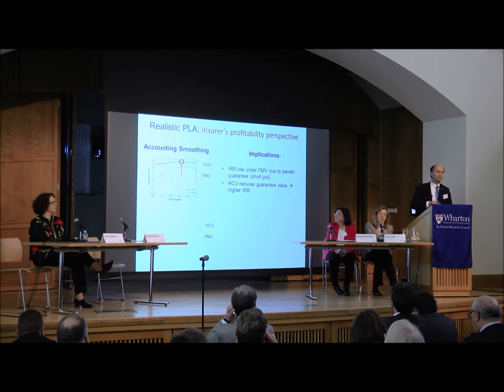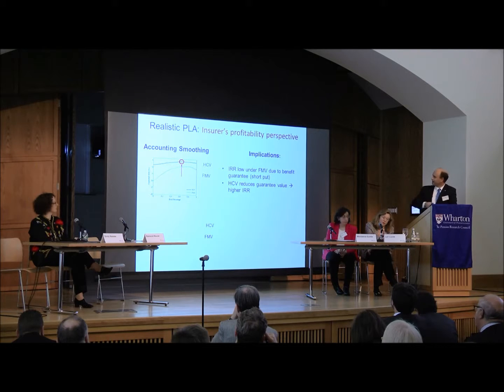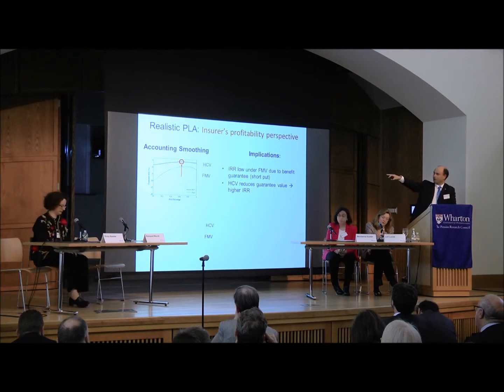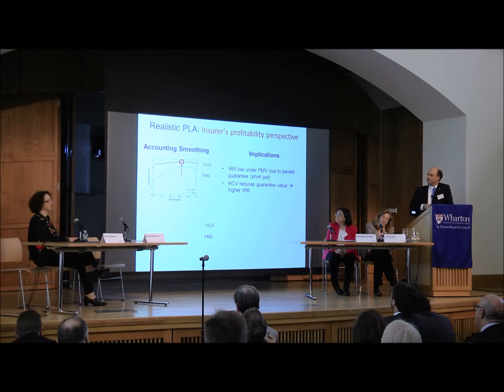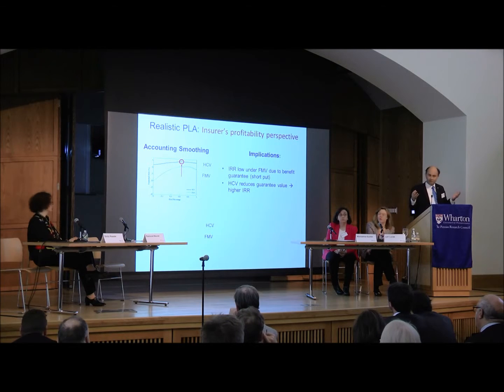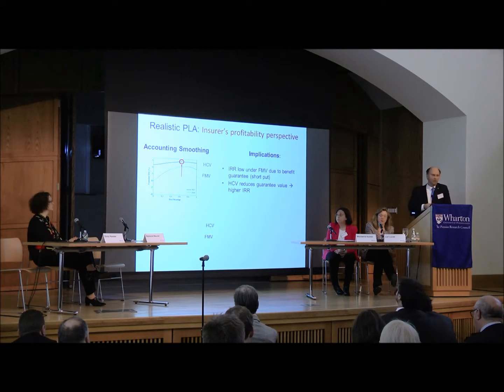And here you see the expected internal rate of return. What you see here again, you have the two lines. The dotted line is with fair market value, and the solid line is with historical cost value approach. Then in all of the situations, the profitability for the insurance company is better if you make an evaluation due to historical cost value.